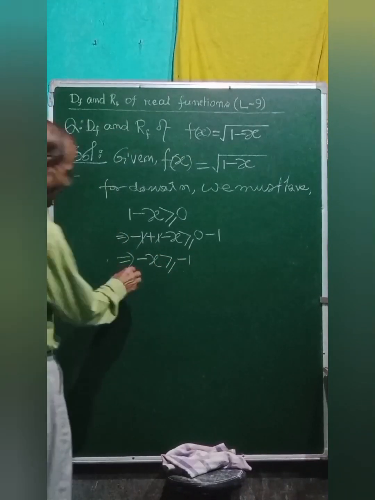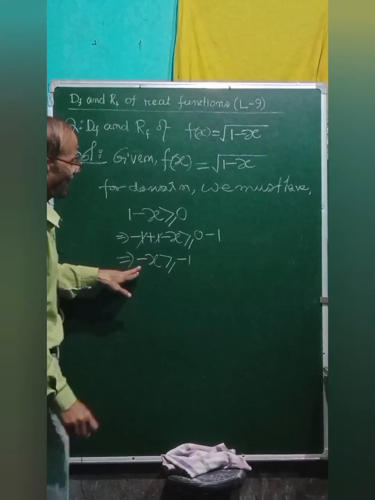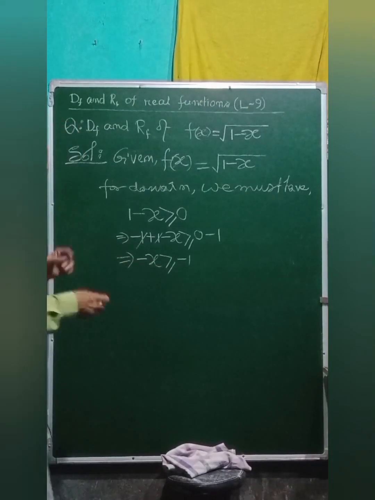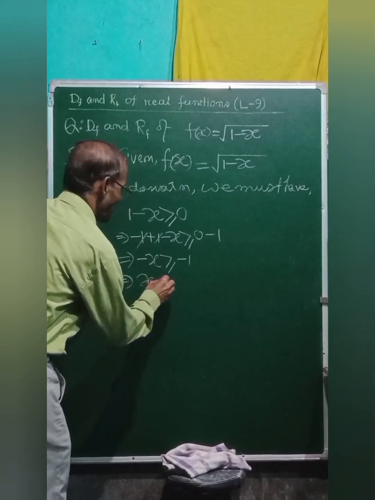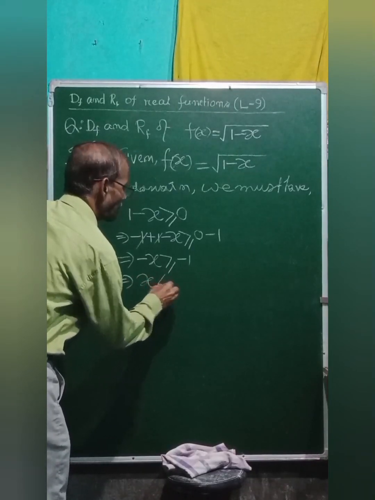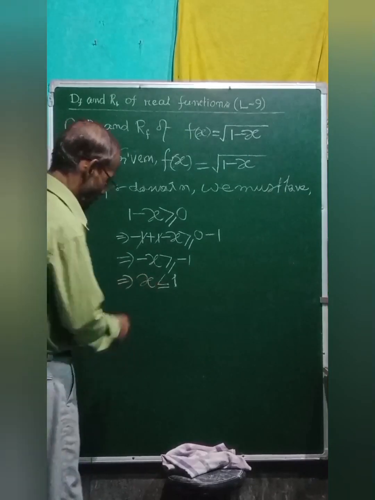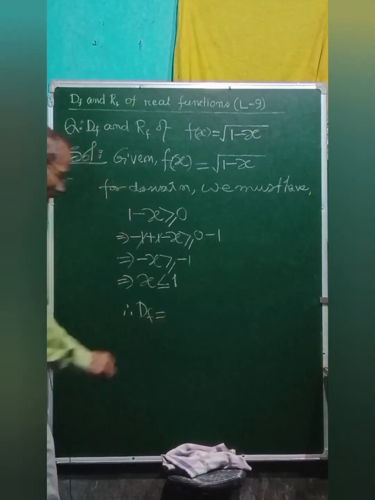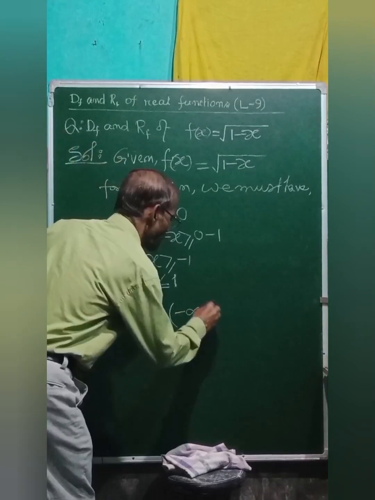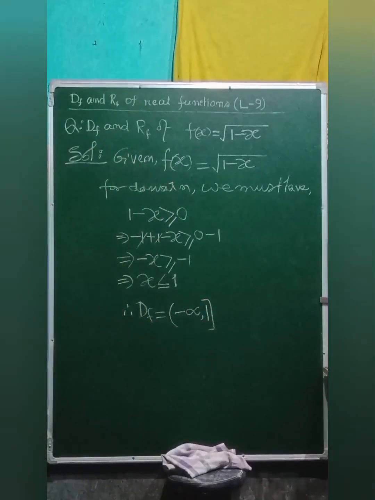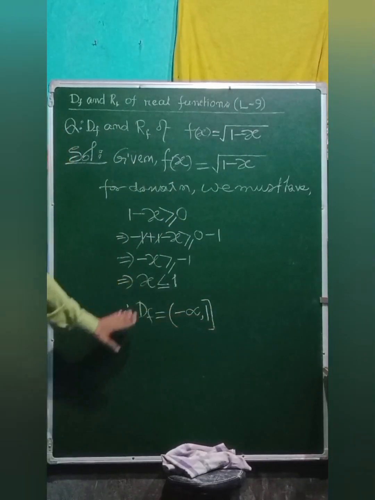Now change the sign because we need to find x, so x is less than or equal to 1. Therefore, Df is minus infinity to 1, a closed interval at 1.